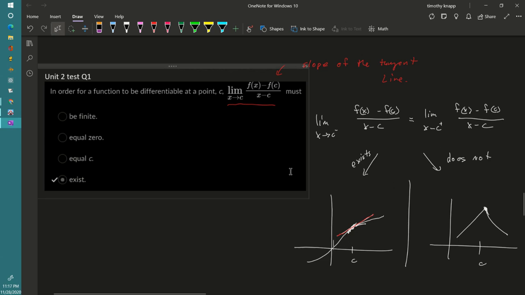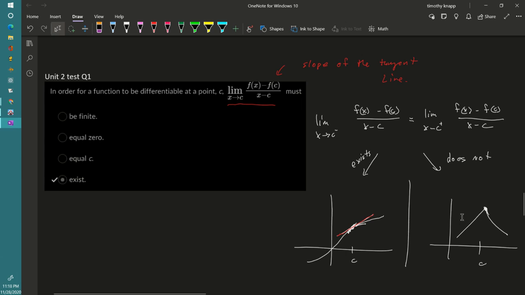If that's the case, then the function is differentiable, and the limits of the slopes of the left and right secant lines exist. They both exist, but not only that, they're equal, and so therefore the entire limit exists.